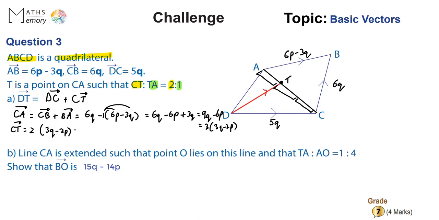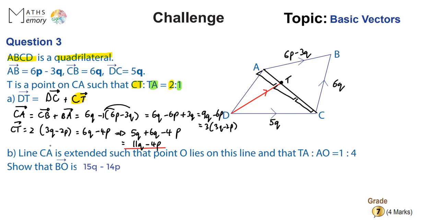So CT is going to be 6q minus 4p. Right. Now, after all of that, let's add DC to it, because that was the original one we wanted. So the final answer would be this. DC is 5q plus 6q minus 4p.